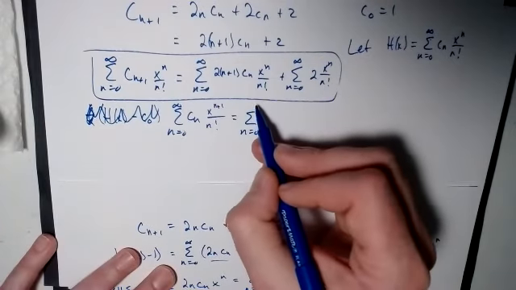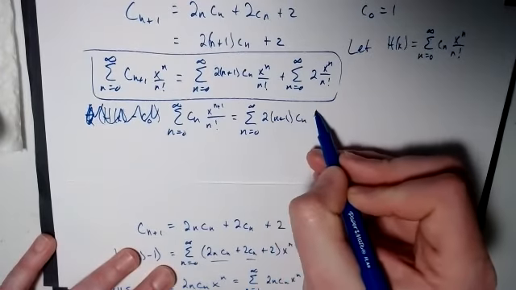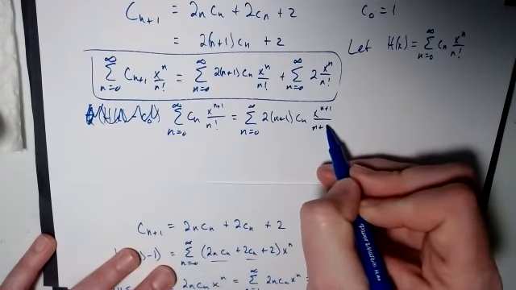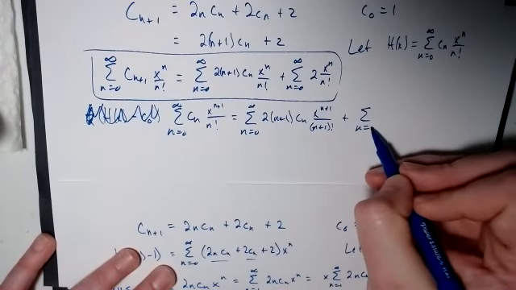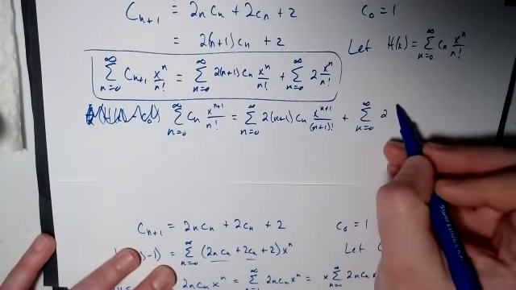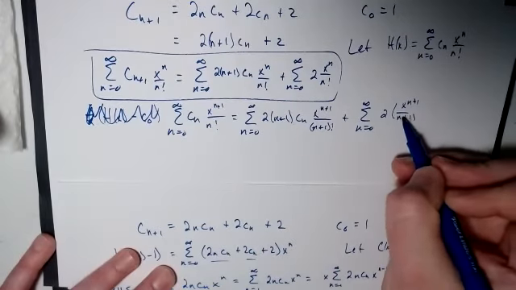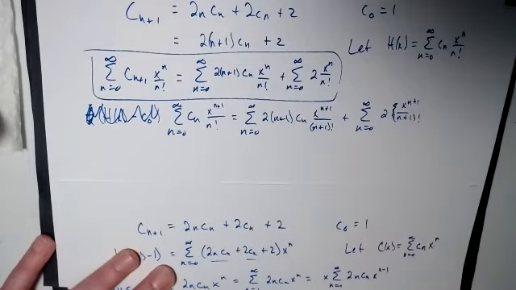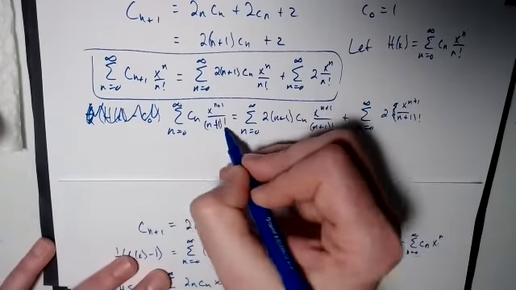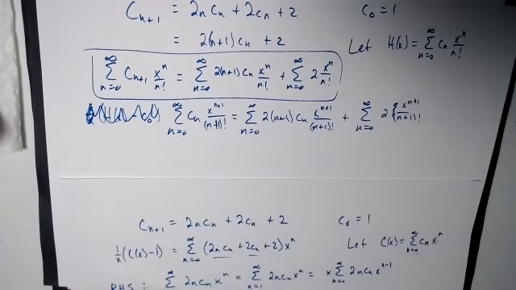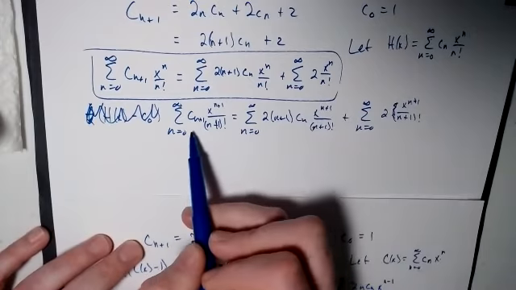So this just gets us there a little quicker. 2 times n plus 1 Cn x to the n plus 1 over n plus 1 factorial plus the sum as n goes from 0 to infinity of 2 x to the n plus 1 over n plus 1 factorial. This is still n plus 1 factorial. There we go. And this was already a plus 1, that's from the left-hand side.